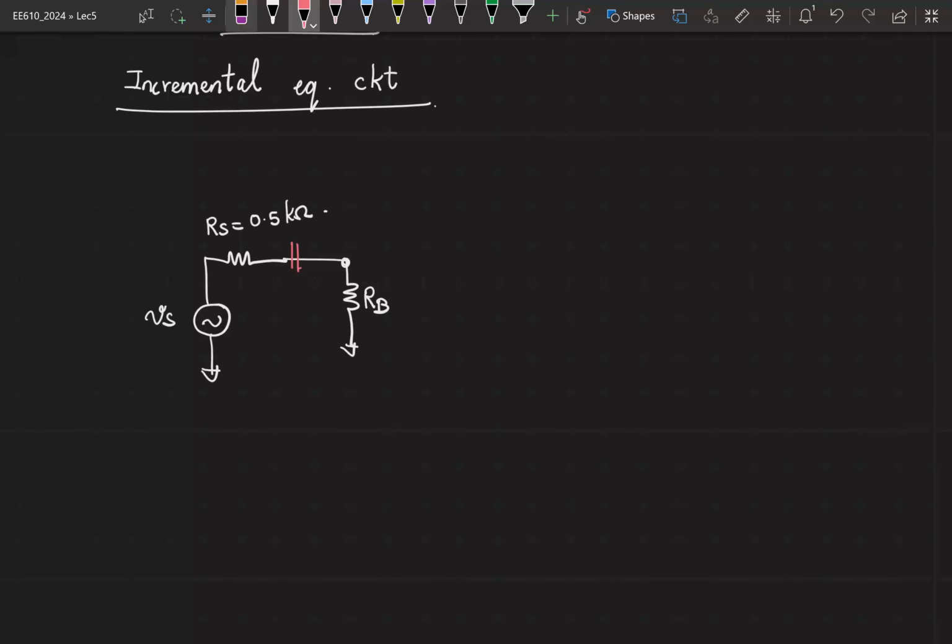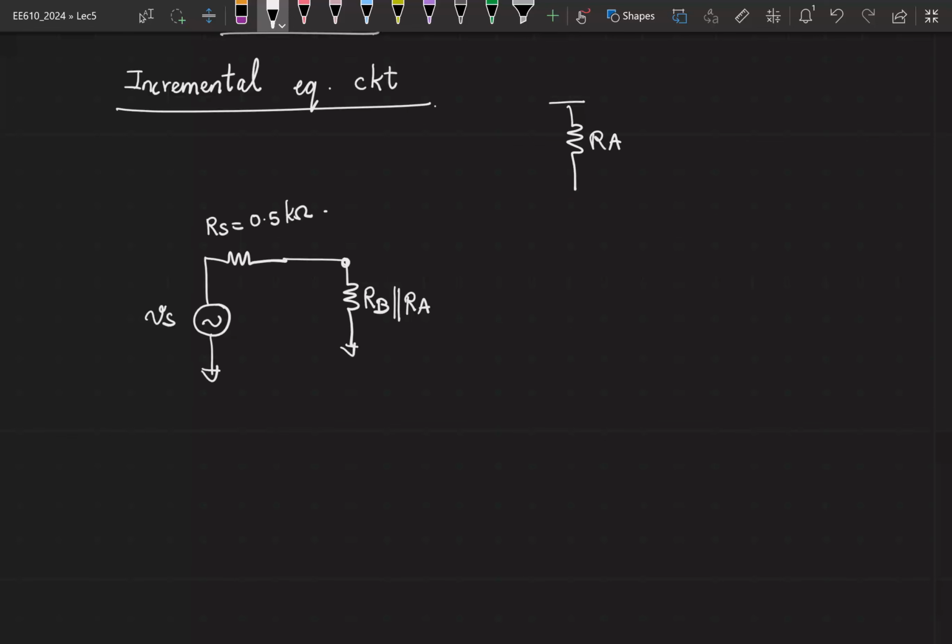Incrementally it is still a capacitor, and we have assumed that the capacitance value is large enough that it can be assumed to be a short at the frequency of the input. What happens to RA which was connected to VDD? So the VDD is shorted to ground. Therefore, you will have RB parallel RA appearing here. That is clear to everyone, right?